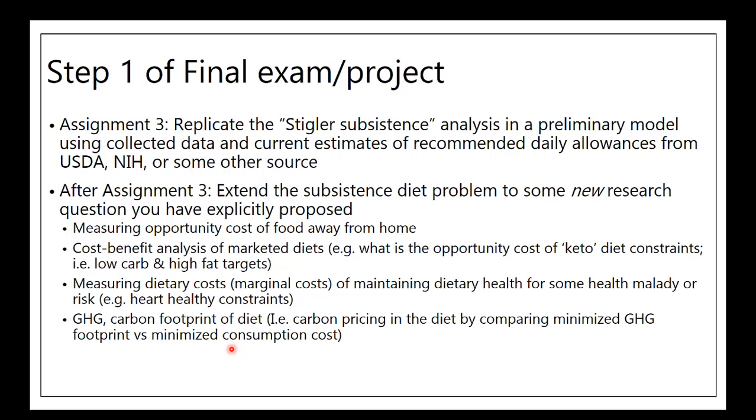What happens if you think about the cost of the normal diet versus the minimized GHG carbon footprint diet, and what is the difference in those two costs, and what does that say about how we might price carbon in the economy if we were to try to internalize those externalized costs? I've seen that one done a couple times.